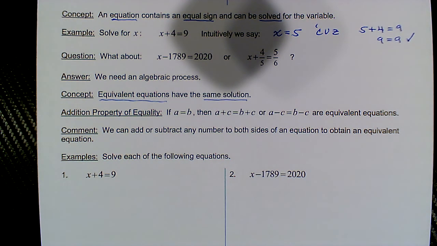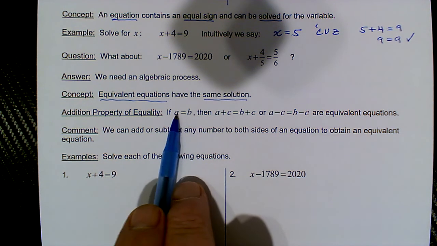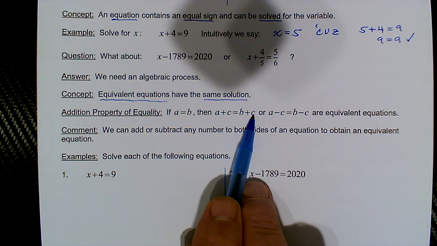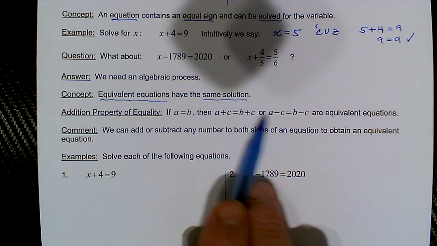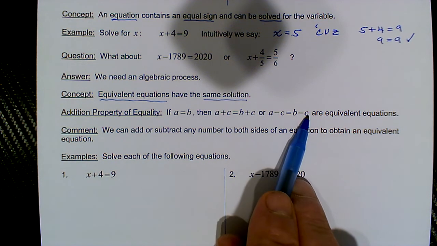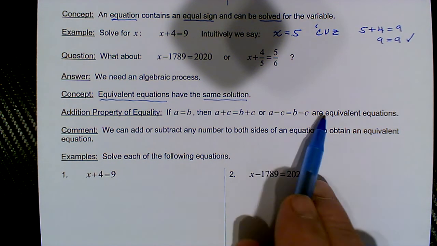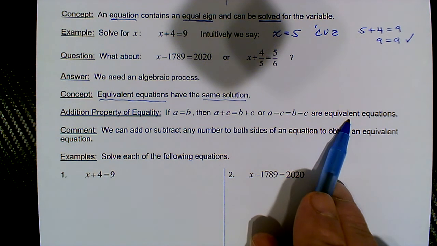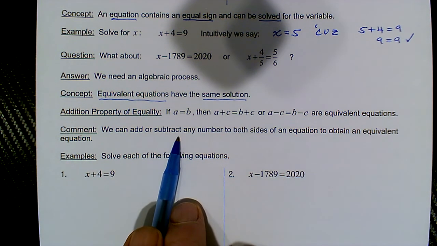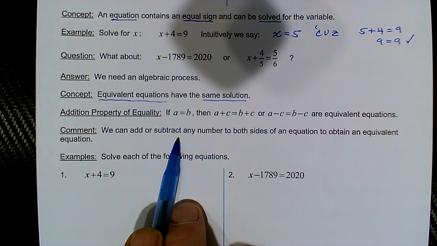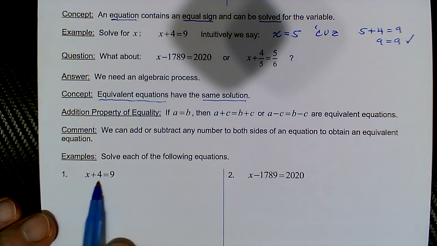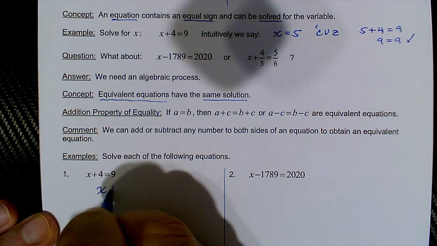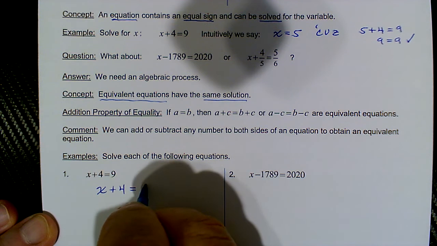But it basically says that if you have two things that are equal, you can add another thing, the c, to both sides of the equation, or you could subtract that thing to both sides of an equation, and you obtain equivalent equations. So basically, you can add or subtract any number to both sides of an equation. So in the x plus 4 equals 9, I'm going to recopy it just for the sake of showing the steps.